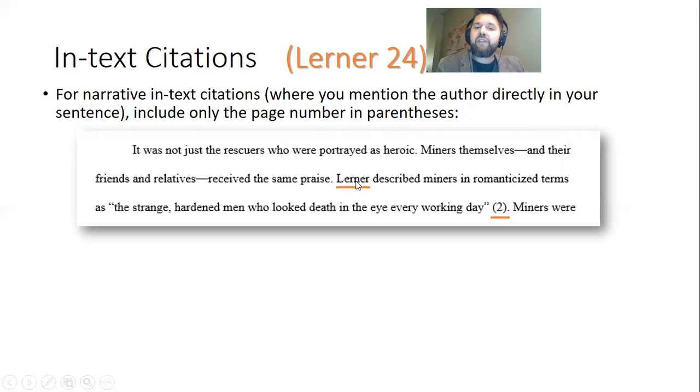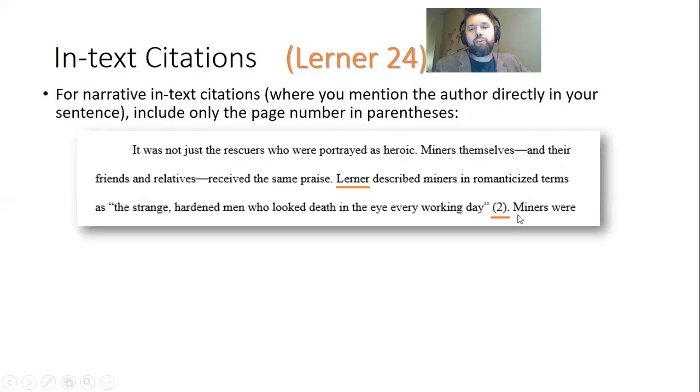So notice this in-text citation, I still got the author's name and the page number, Lerner and two, but I don't put them in the same place. That's because in my narrative, in my tale that I'm telling, right, I am including the author's name. So it would be redundant if I said at the end here, Lerner two.